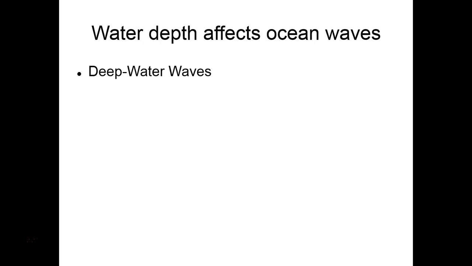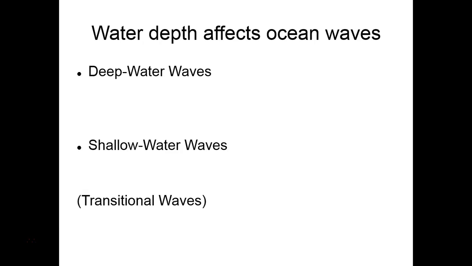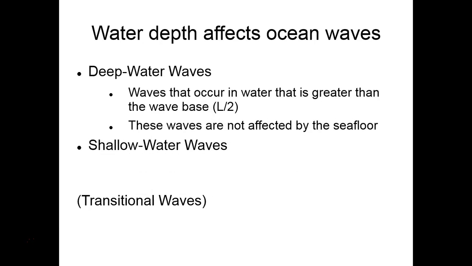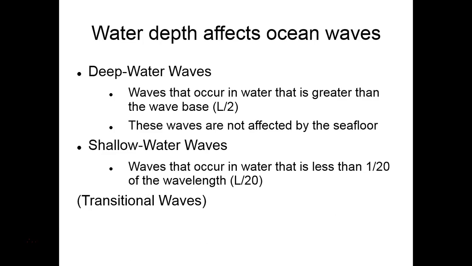Okay, so we have different terms for waves, depending on the depth of the water that they occur in. We have deep water waves, shallow water waves, and transitional waves. Deep water waves are waves that occur in water that is greater than the wave base. Therefore, the wave's energy does not touch the seafloor, and the wave is not affected by the seafloor. Shallow water waves are waves that occur in water that is less than 1/20th of the wavelength.